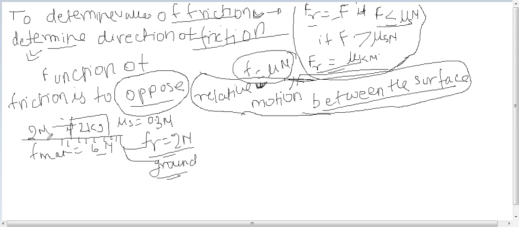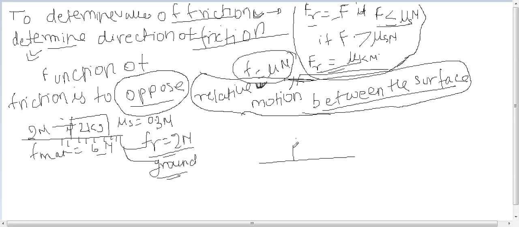In this case, determining the friction force may look very simple. But there are so many complicated cases in which you cannot determine the direction of friction by simply looking at the question. A question like this: this is a surface.